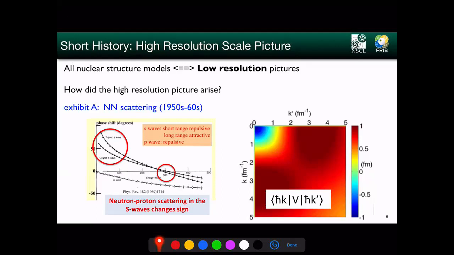This is a heat map plot of the argon V18 potential in one of the S waves, I believe. You can see that it couples up pretty high in momentum. Let me just remind you that in a typical nucleus, the typical Fermi momentum lives down here somewhere. So you have a coupling of strength to momentum modes that are well above the typical scales in a nucleus.